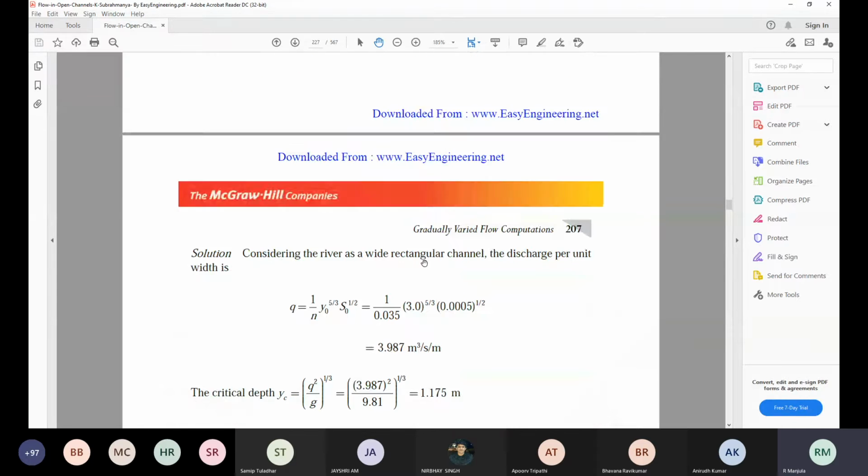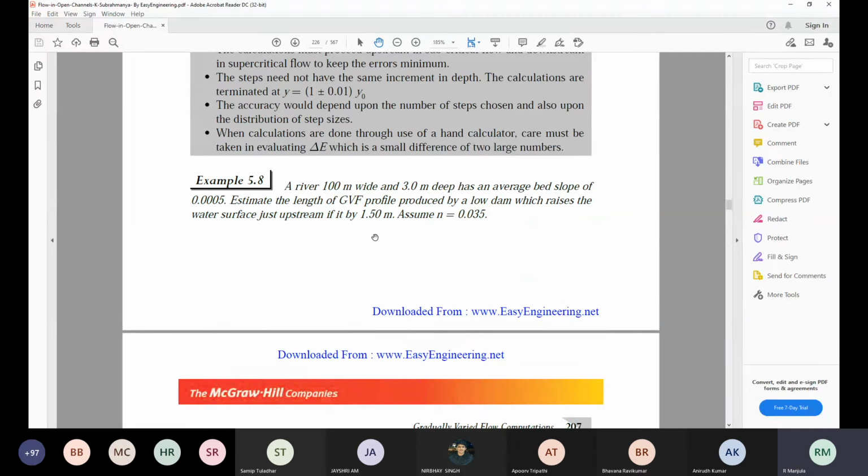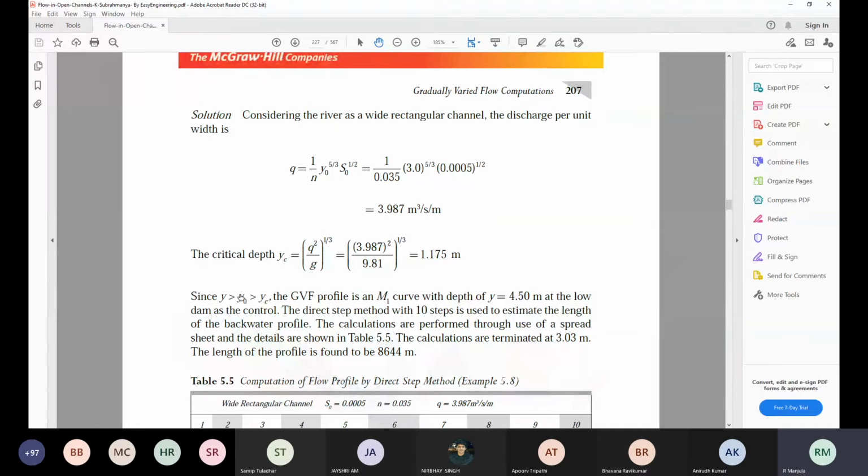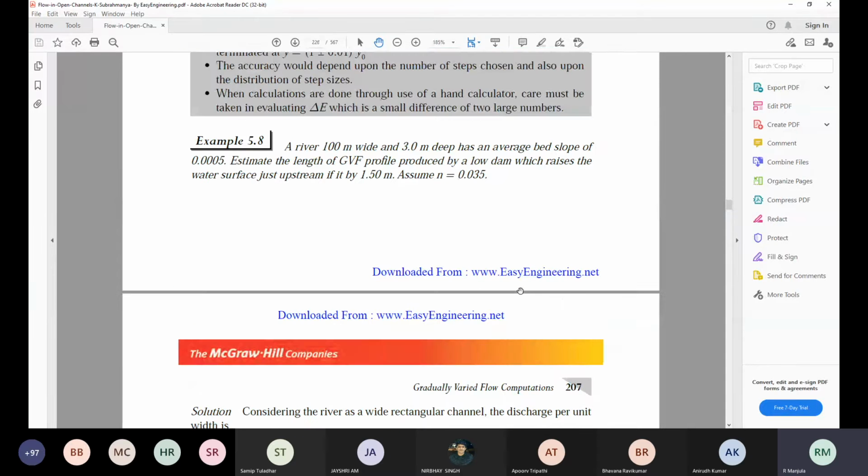And what is your y here? So here y0 is 3 meters, y is greater than y0, y0 is greater than yc, which is the type of the profile. Hence the GVF profile is an M1 curve with a depth of 4.5 meters at the low dam as the control.